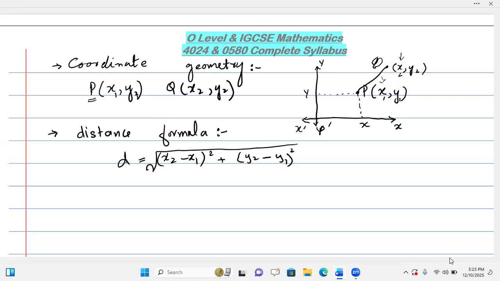This is the distance between the points P and Q, and if you are asked to calculate the distance between P and Q, you will manipulate this formula.